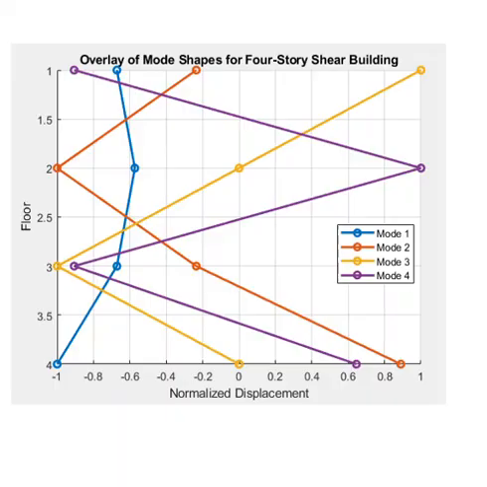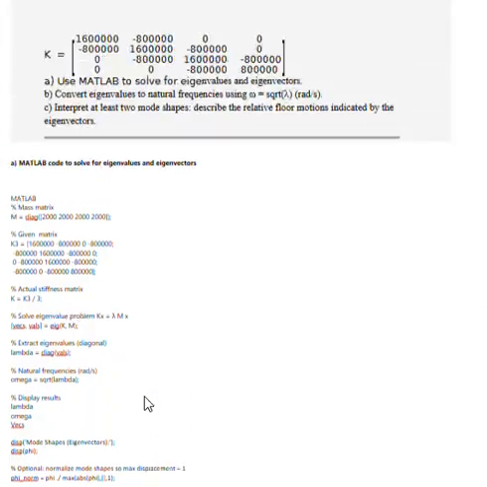Mode 3 would be perfect antisymmetry between the two nodes, a key meaning being a high frequency shear mode. And finally, mode 4 moves with the lower floors moving together and the roof reversing. The key meaning is that this is a high frequency mode affecting the very top floor of the building.